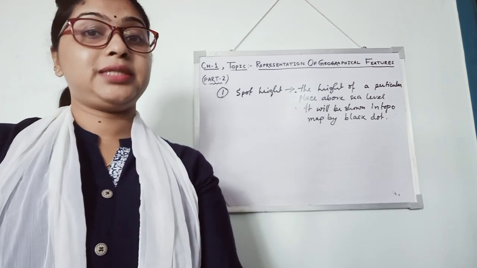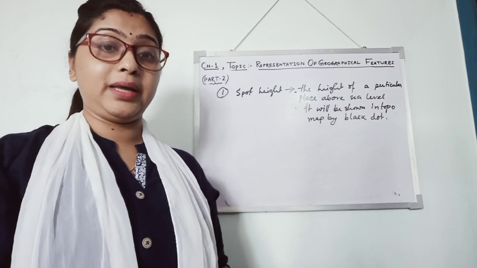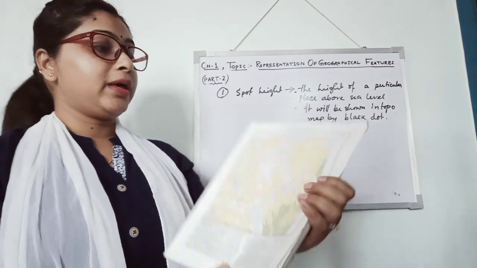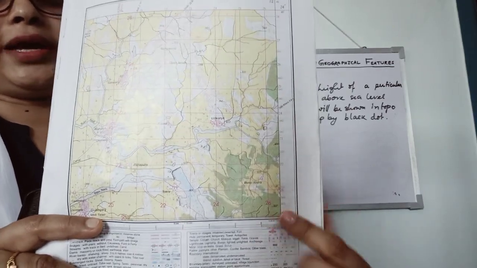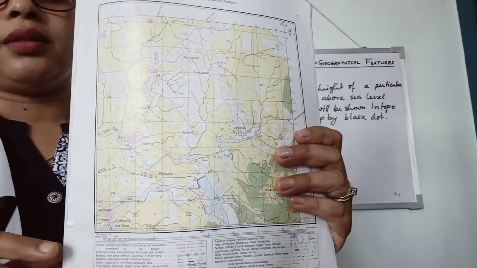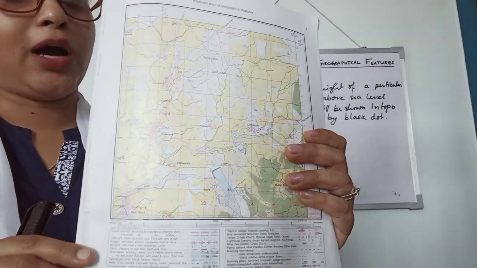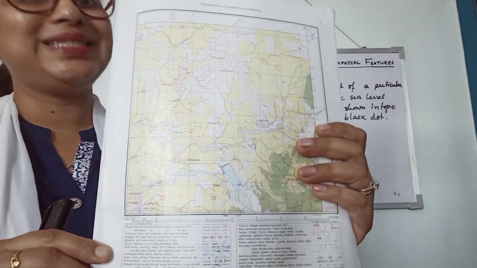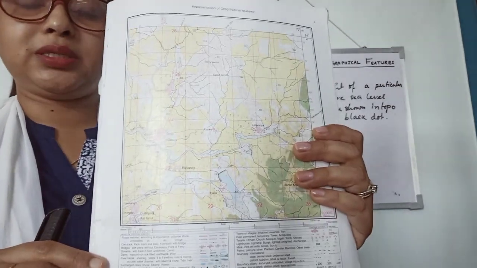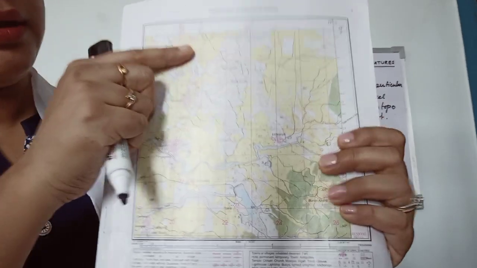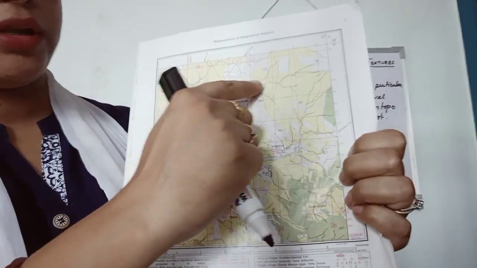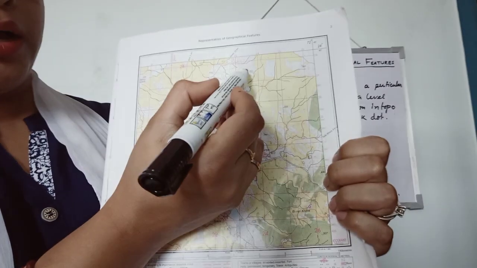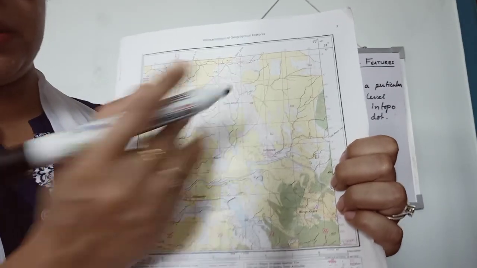So how can we identify the location? Last day I said how to locate any feature. So here I am showing you the map. First you have to see the eastings, then the northings. If you see 23 eastings and 27 northings, here the black dot is showing 327.